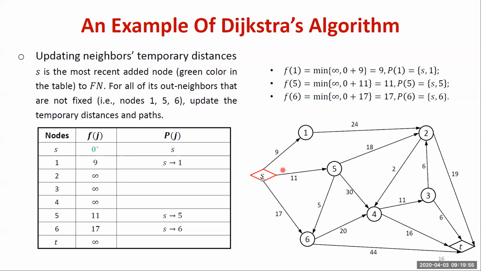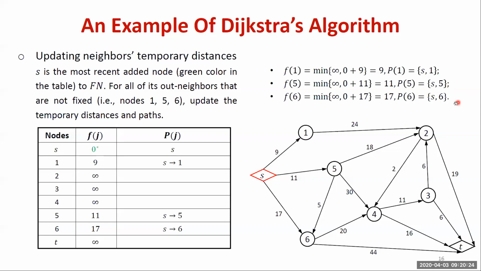So S to 5 equals S to S, which is 0, plus directly from S to 5, which is 11. This of course equals 11. It's updated, meaning it's no longer infinity. So your new path P5 equals the path from S to S, then from this S to 5, so P5 equals S to 5.